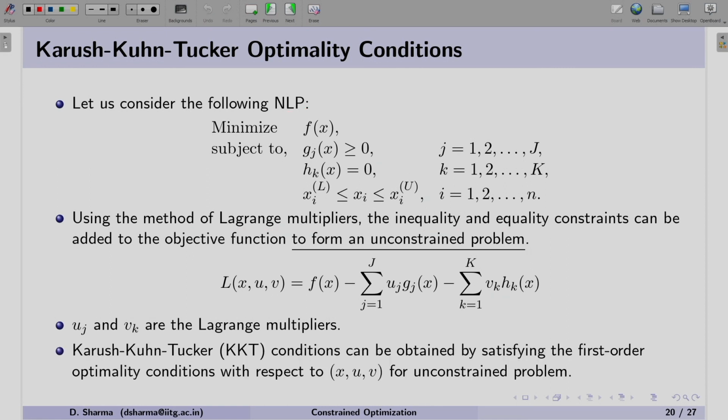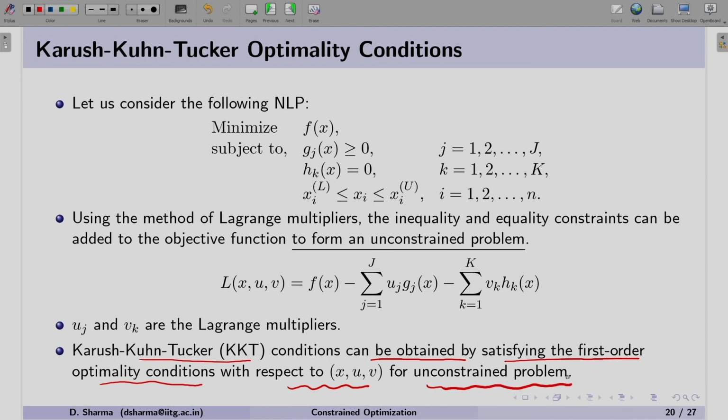So, KKT conditions or Karush-Kuhn-Tucker conditions can be obtained by satisfying the first order optimality conditions with respect to x, u and v for the unconstrained problem.